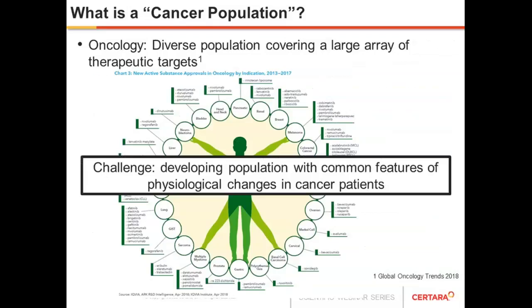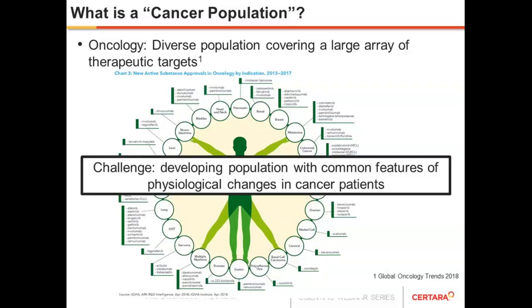So one thing to consider when talking about a cancer population is that oncology is very diverse. Based on the figure in the background, you can see a large array of cancer types, and they will obviously have differences between them in terms of physiology.